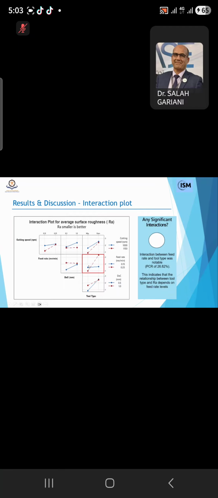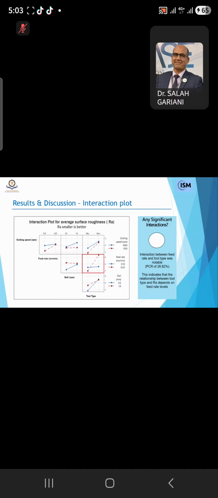This one clearly has an interaction between two factors. The others are slight interactions, so they are trivial. But this one is a mutual interaction. This confirms the ANOVA results that the interaction between feed rate and tool geometry is significant, with a contribution ratio of 26.82, as we mentioned previously.